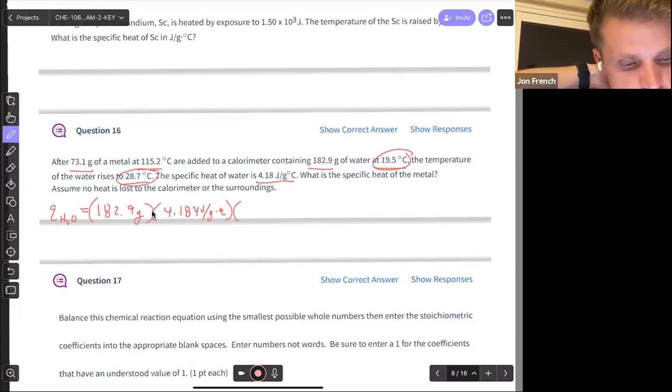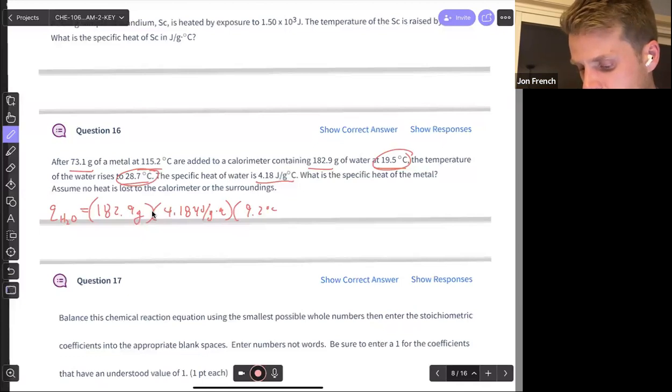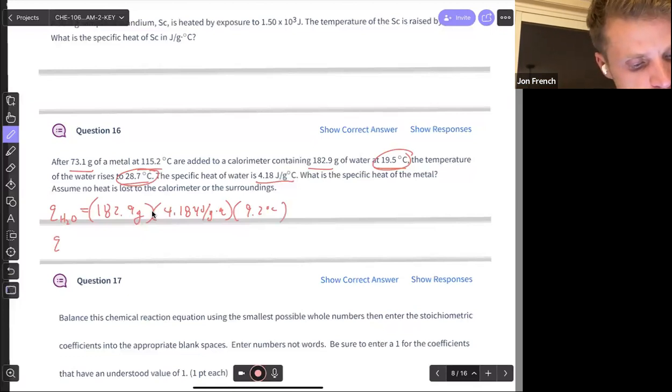9.2 degrees Celsius. All right, is our temperature change. So Q of the water equals 182.9 times 4.184 times 9.2.